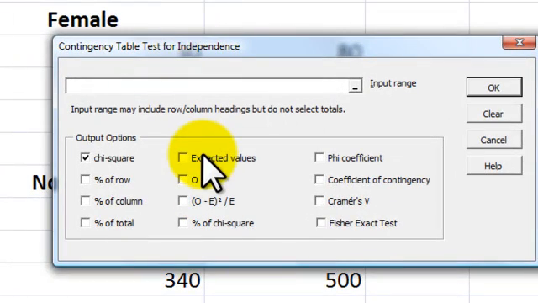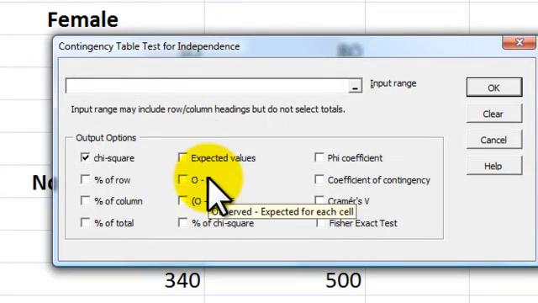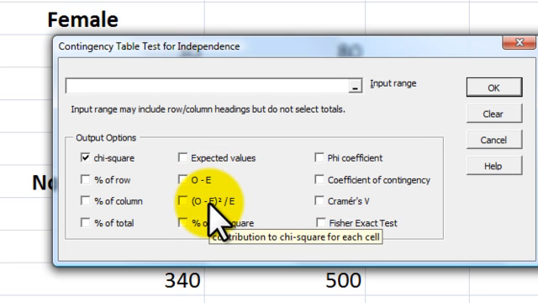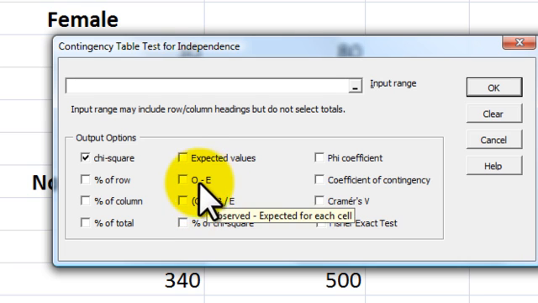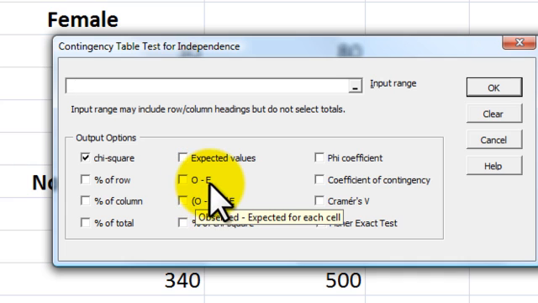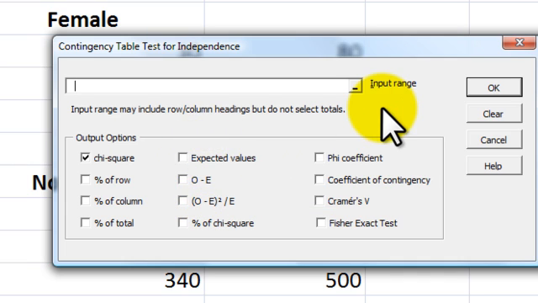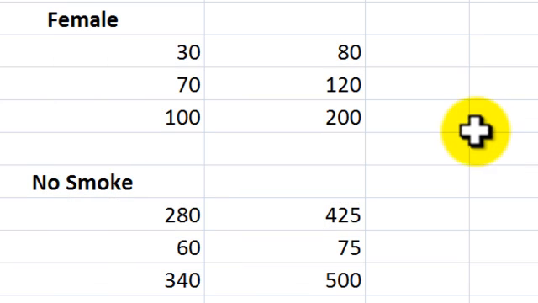See how they have expected values and O minus E and then O minus E squared over E. That's actually doing the same thing, observed minus expected. So both chi-squared tests are really about seeing how different what you observed is from what you would expect. For now, that is it about the chi-squared test for independence and the chi-squared test for goodness of fit.